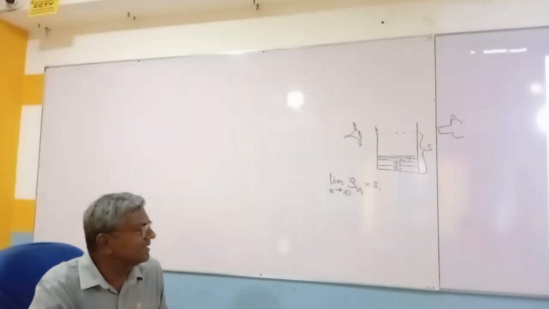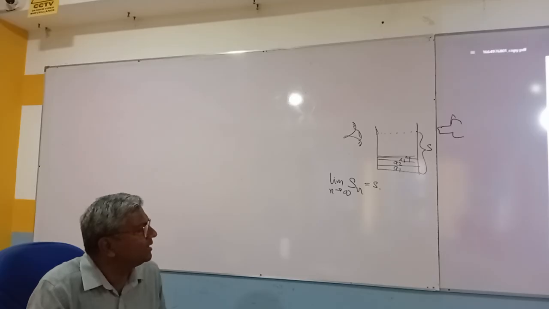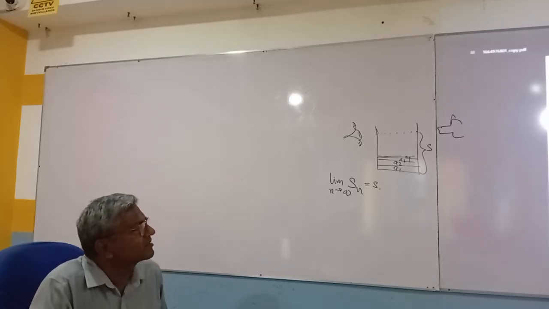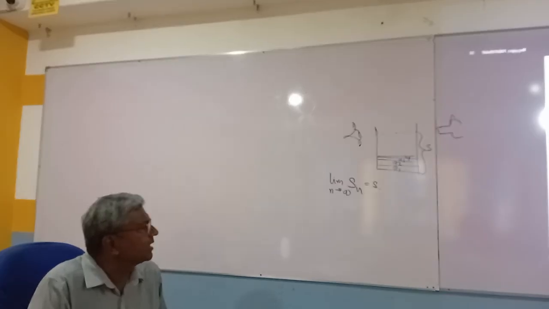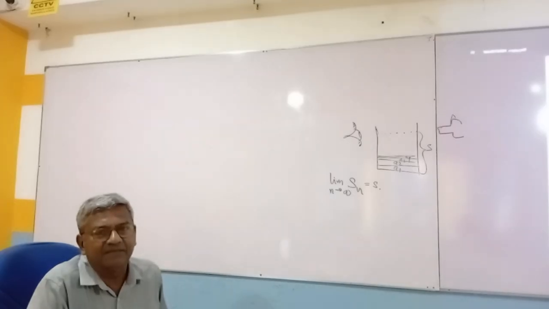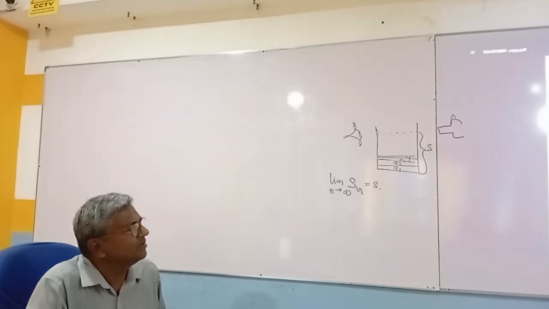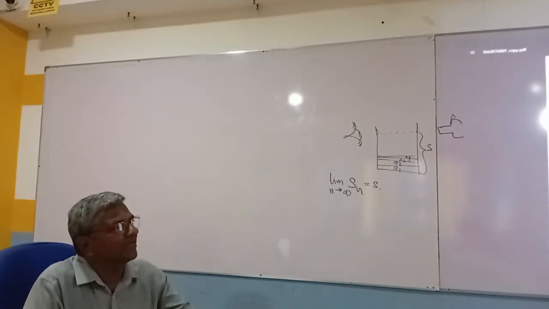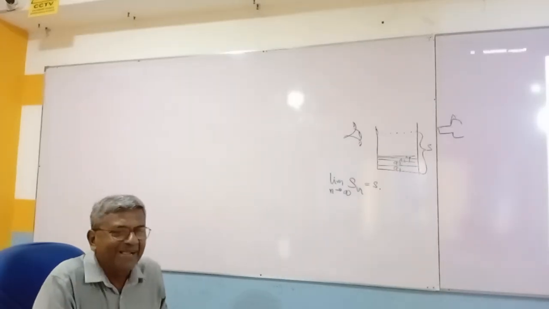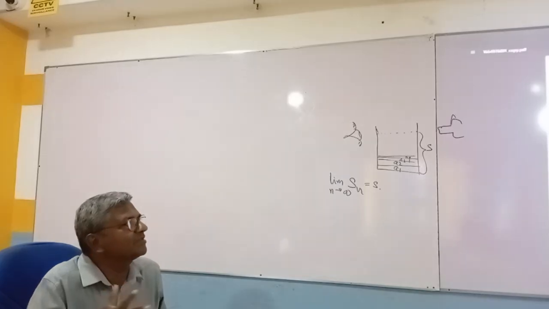In A level, you have only collapsing sums or partial fractions. In A level problems you can always find Sn, and then you can always find the limit of Sn.